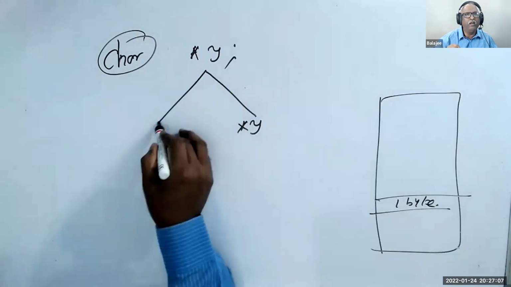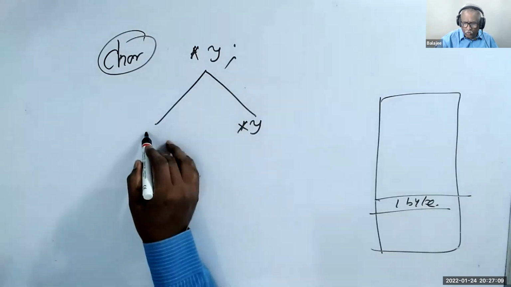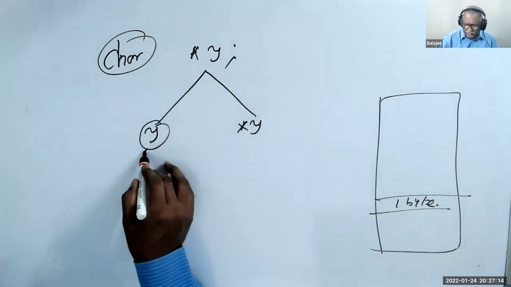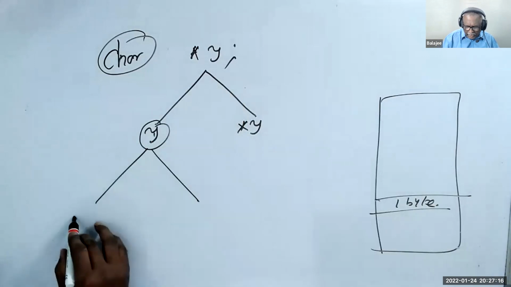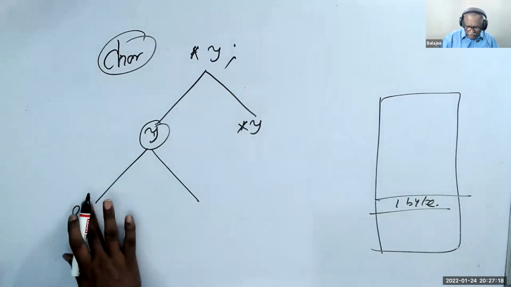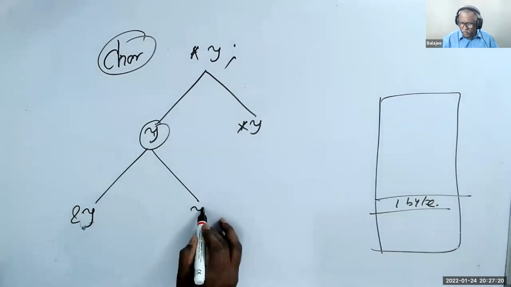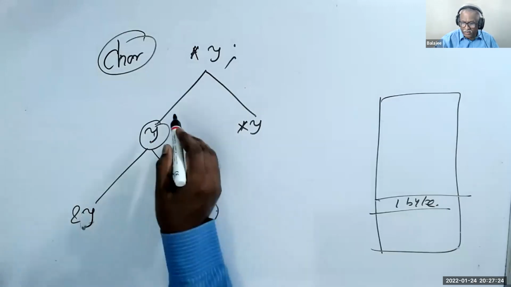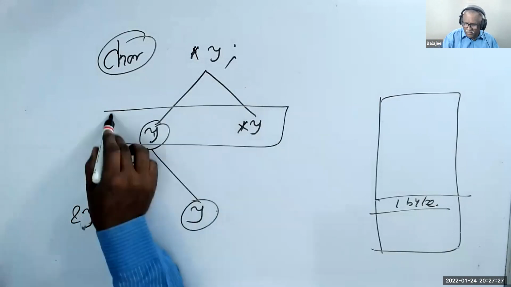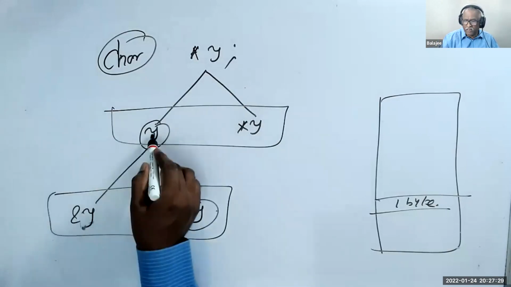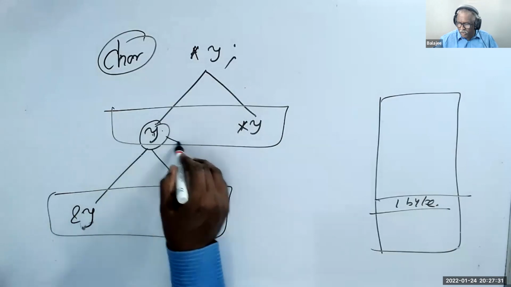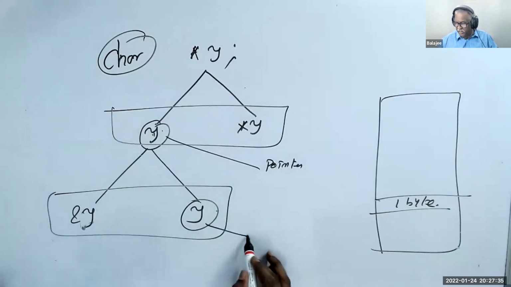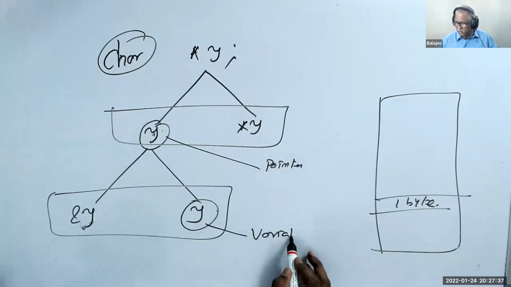Then we allocate here y, but y is a symbol. So what the system does is allocate space for y as well. This y is a variable. Please understand, there are two types here. The y is a pointer, and the same y is a variable.